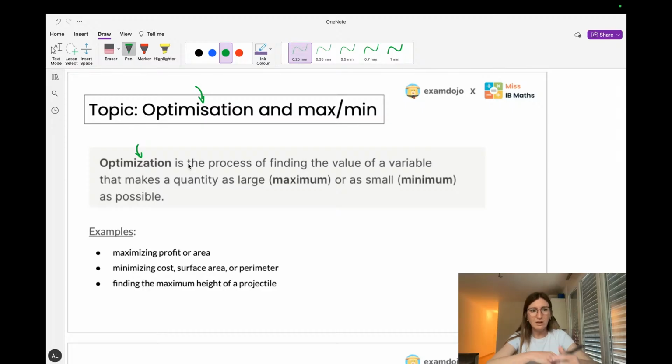So a lot of these situations will be maximizing profit. Obviously, companies want to get the most profit that they can for the least expenses. Or minimizing the cost of producing something, or minimizing the surface area of a cereal box, or finding the maximum height of a projectile. These are all these kind of questions. So when you hear maximize or minimize, you know that it's an optimization problem.